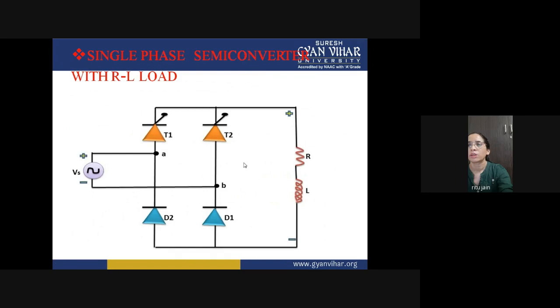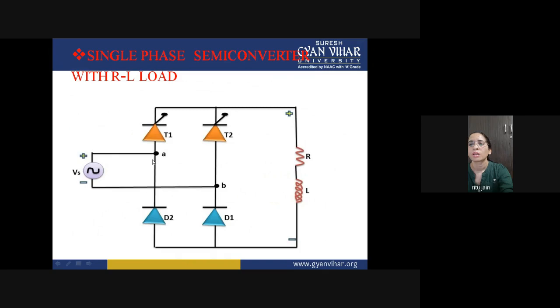So you can also take this structure, T1, T2. This is your AC supply and this is your D1, D2. So this is your single phase semi converter with RL load, in which one SCR and one diode are in series, and here another SCR and one diode are also in series. So T1 and D2 are in the same lane, and T2 and D1 are connected in the same branch.